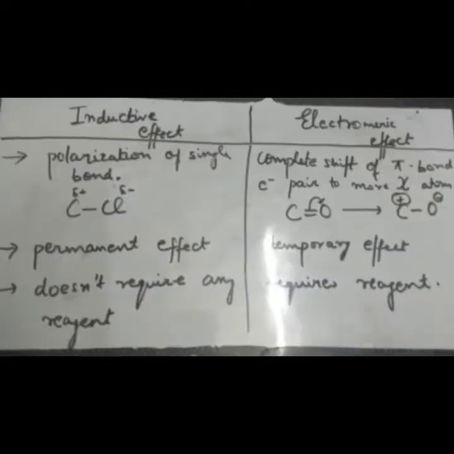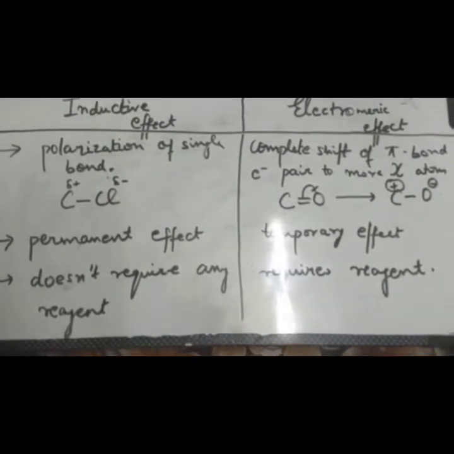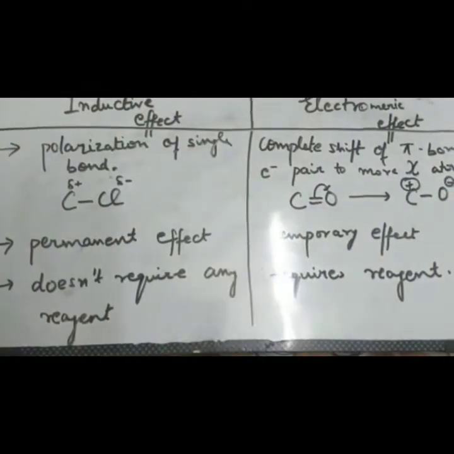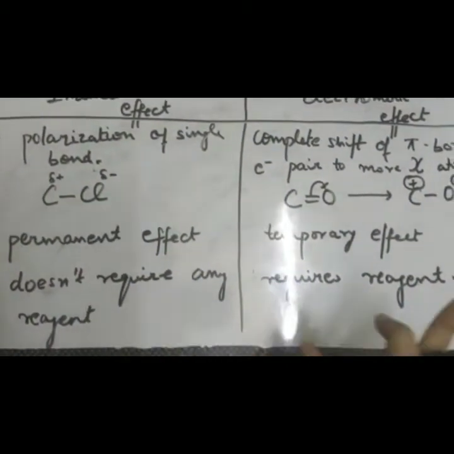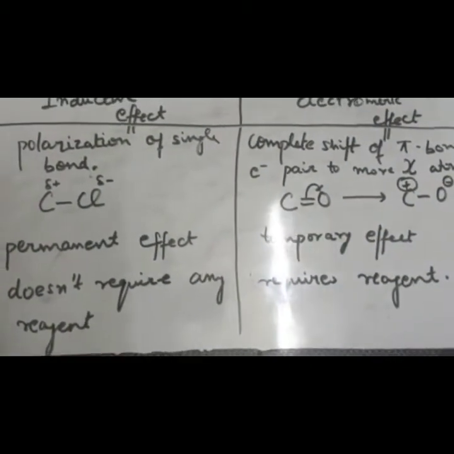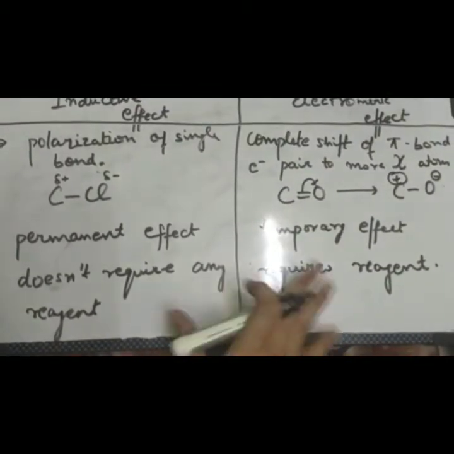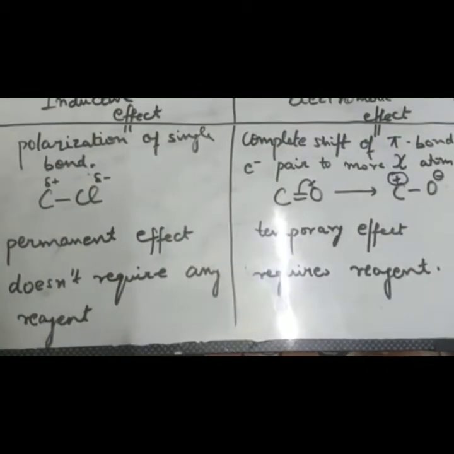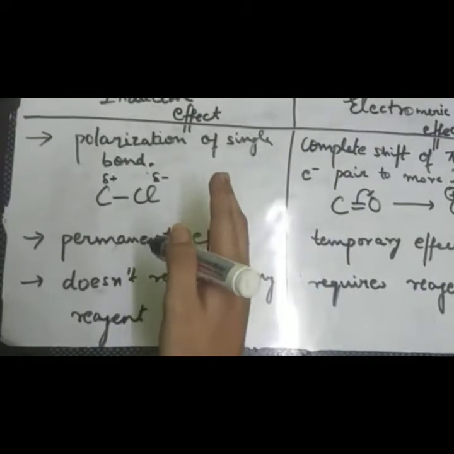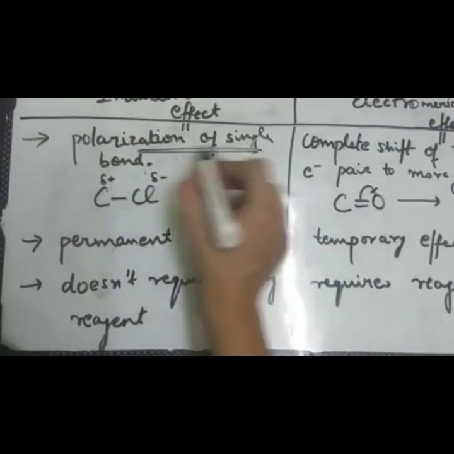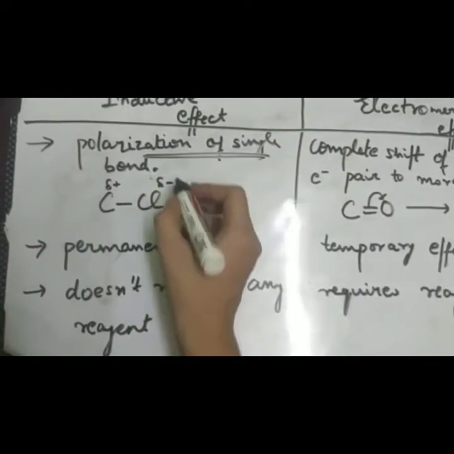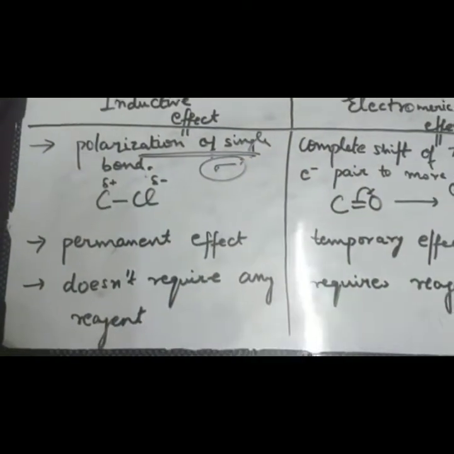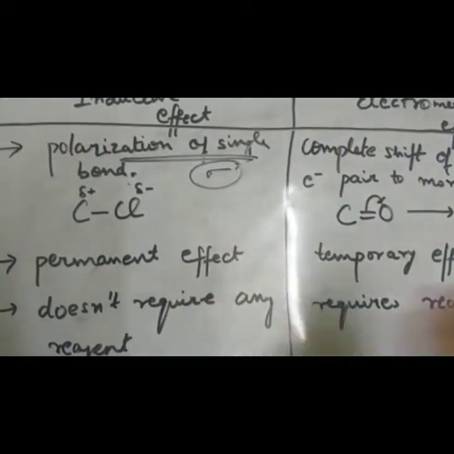In our previous video we discussed the inductive effect in some detail, so I'm going to put the link in the description below so you can check it out. Here we are discussing the difference between the two of them. Inductive effect is just the polarization of a single sigma bond, and the bond is not broken.